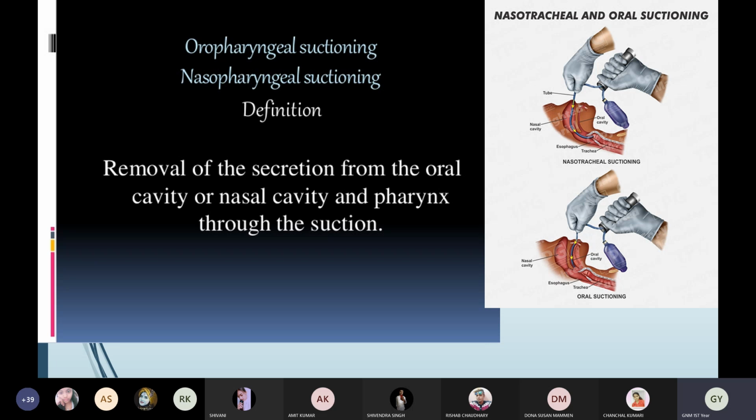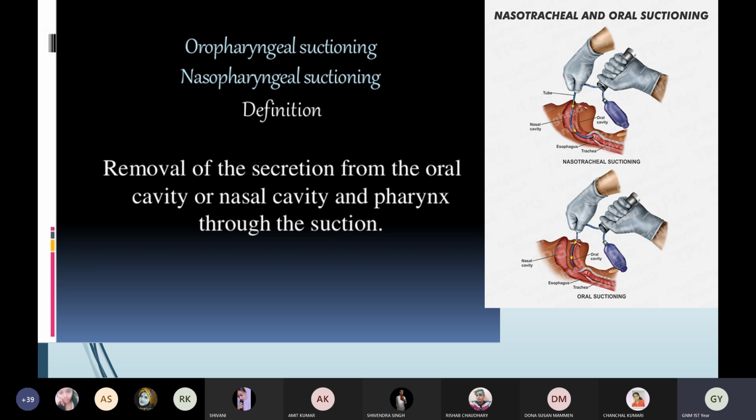Like I said yesterday, there is a connection between the mouth and the pharynx. That connection we call the oropharyngeal. If secretions are present inside our mouth, then we need to remove them, and that is called oropharyngeal suctioning.